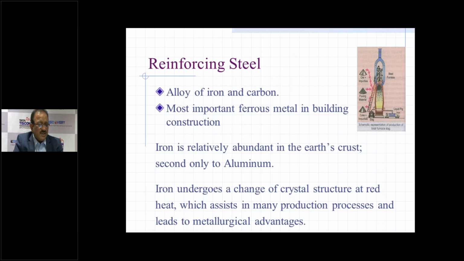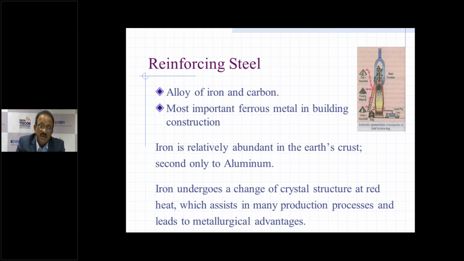So we first understand what is reinforcing steel. Reinforcing steel is basically an alloy of iron and carbon, and it is the most important ferrous metal in building construction. Iron is relatively abundant in the earth's crust, only next to aluminium. And iron undergoes a change of crystal structure at red heat, which assists in many production processes and leads to metallurgical advantages.